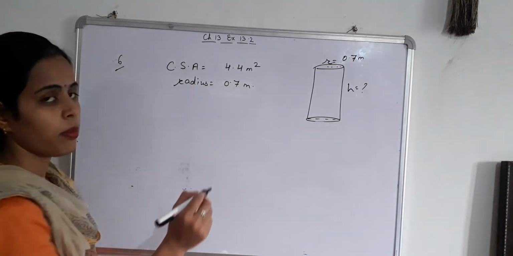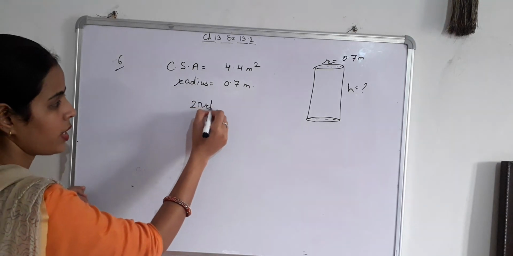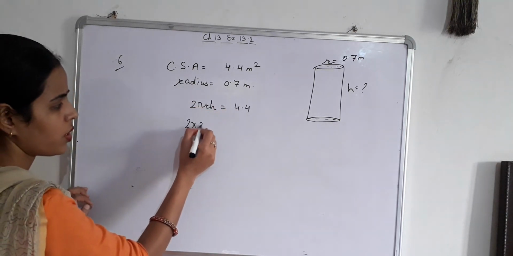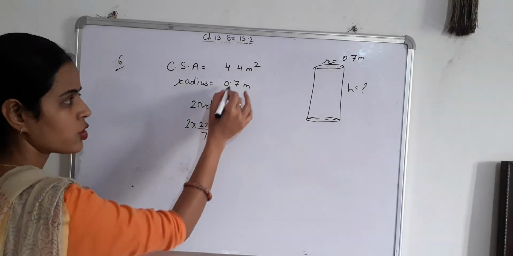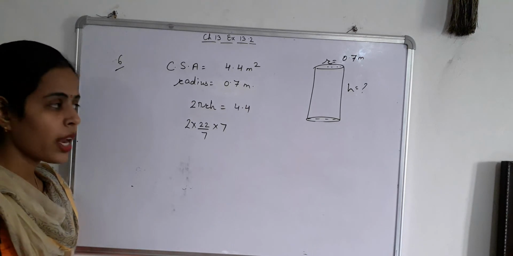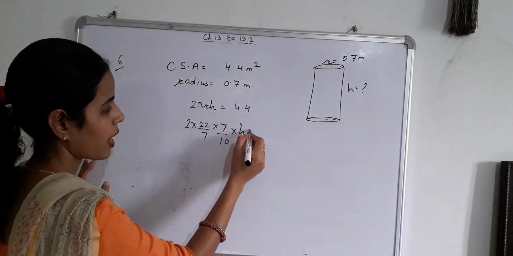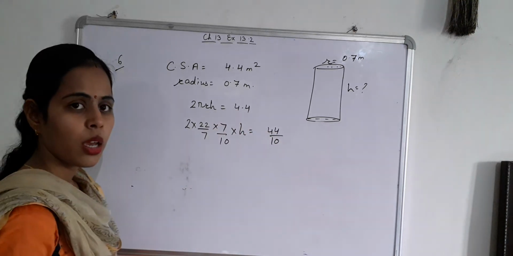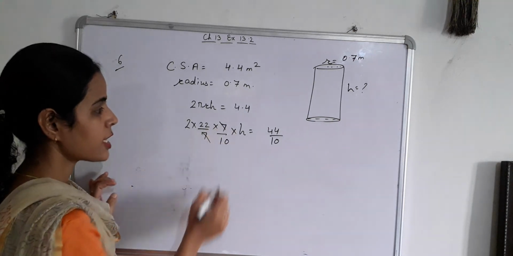Covered surface area of cylinder equals 2 pi r h equals 4.4. 2 into 22 by 7 into r, r is 0.7, you can write as 7 by 10, into h. 4.4 is 44 upon 10. 7 is cancelled by 7.